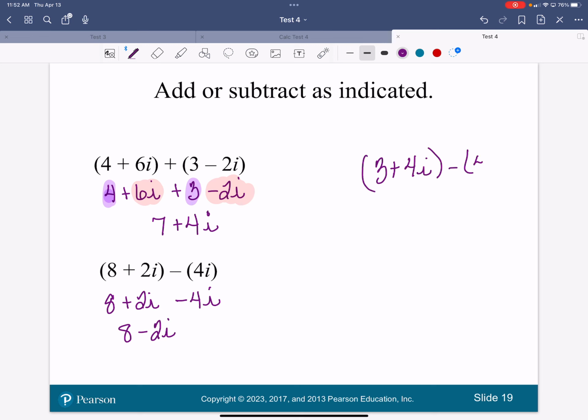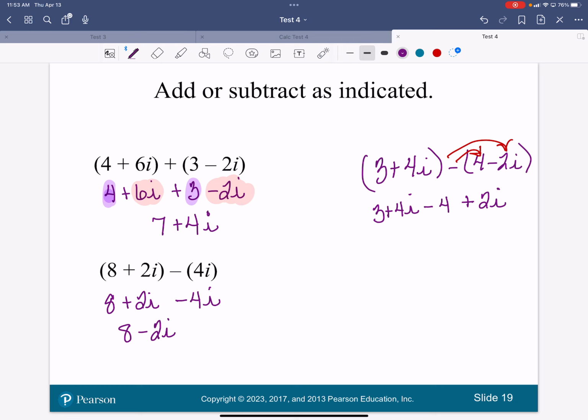Okay, now I want us to go ahead and do 3 plus 4i minus 4 minus 2i, just so we can look at how we have to distribute. We must distribute here. So we've got to distribute that negative. So this is going to be 3 plus 4i minus 4 plus 2i.